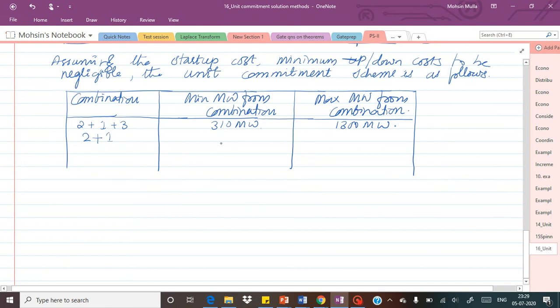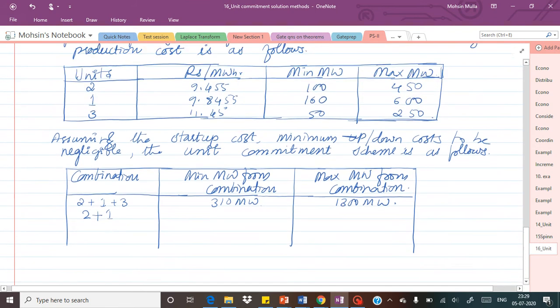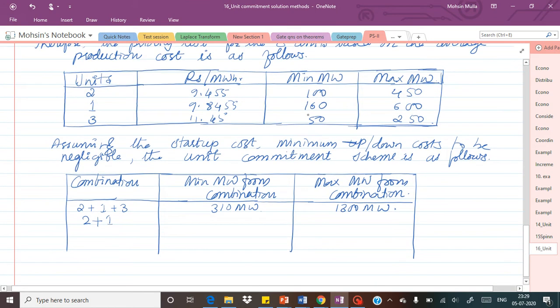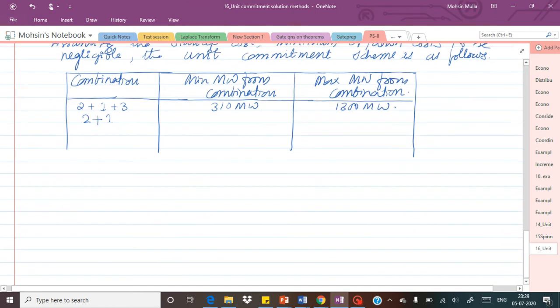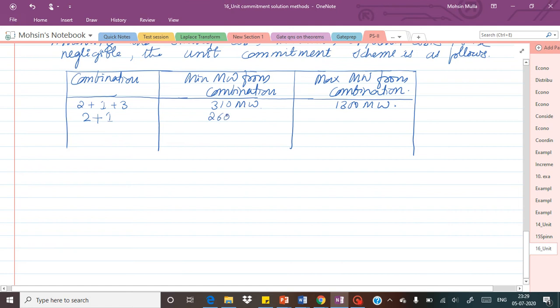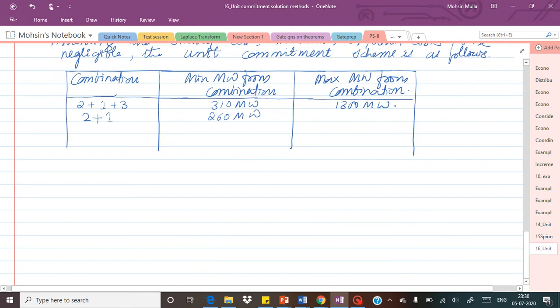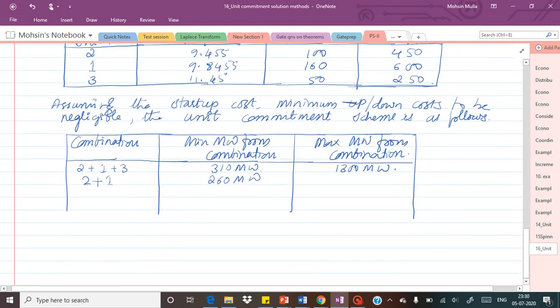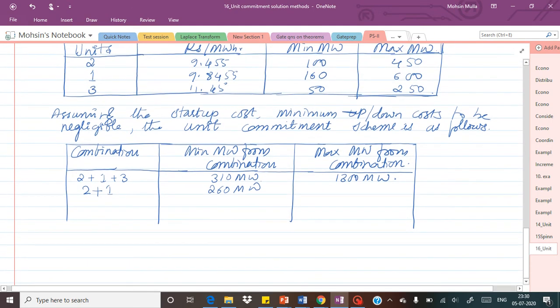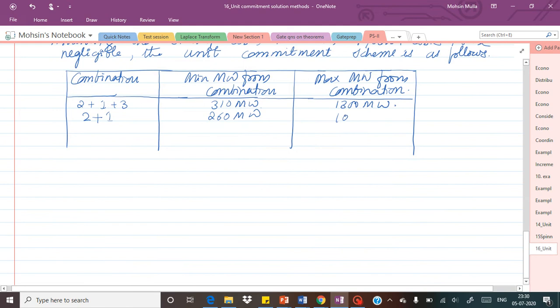Next most economic is 2 plus 1, unit number 2 and unit number 1. Adding the two units, the minimum is 260 megawatt, and adding their maximum values of 450 and 600, it is 1050 megawatt.